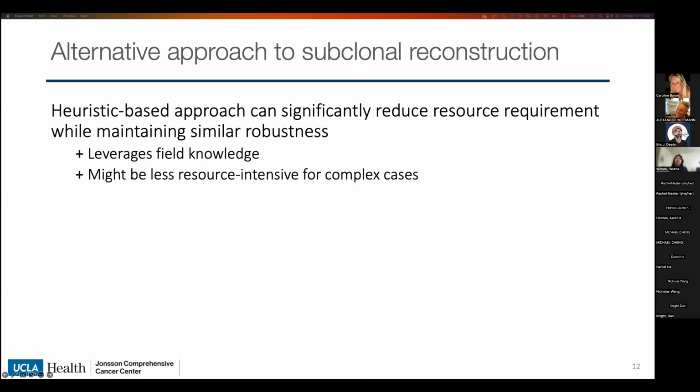But then, since we're not iterating through a massive parameter space, the algorithm is faster since it doesn't require convergence, and hopefully less memory intensive. So this overcomes the scalability issue we see in current methods. And lastly, since we rely on existing knowledge, the algorithm will likely struggle with cases that diverge from that.